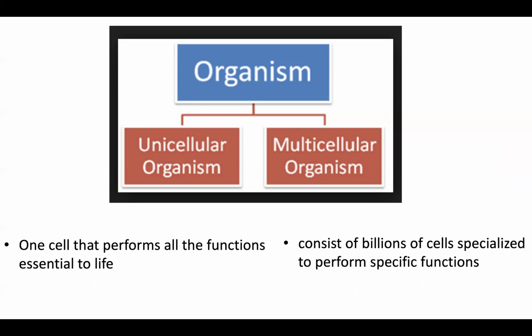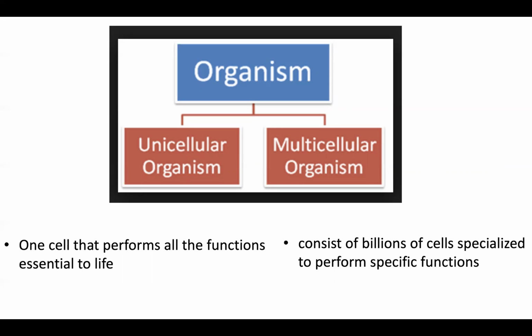When we get to our unit on cells, we will compare and contrast from a physical standpoint, and you can see structurally how they differ in complexity. Multicellular organisms, in contrast, contain billions and millions of cells that all have specialized jobs to do, right?